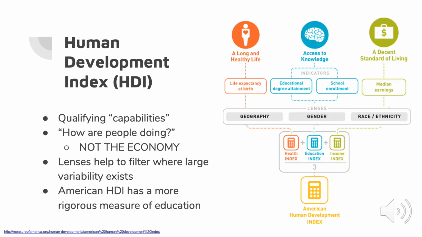Gender acts as a filter for education, as this is a variable in the United States for degree attainment after the age of 25. Finally, an ethnicity filter can be applied for income, as the average income based on ethnicity varies in the United States highly. For each factor, an individual index is calculated. Then all three are turned to the composite American HDI.